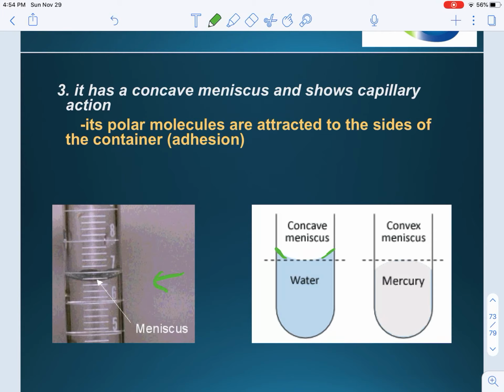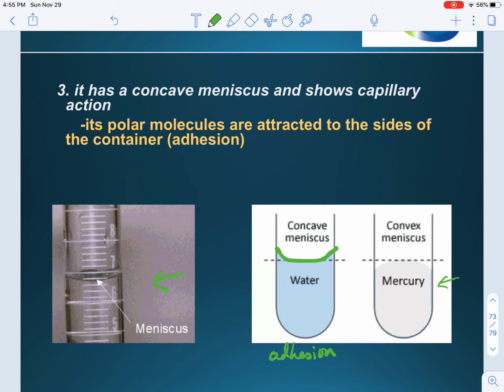You can see a real photo of it right here. If you look at other substances like the liquid metal mercury, it does not have that same adhesion. It will actually have a convex meniscus, but because of adhesion, water has this concave meniscus.